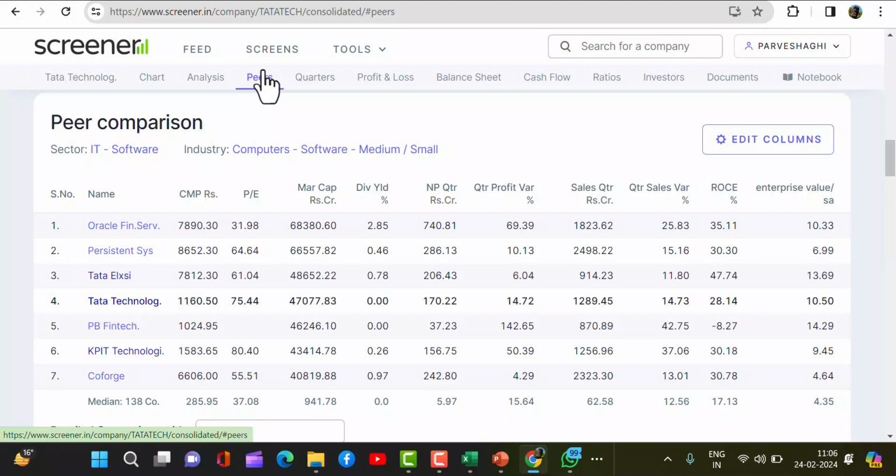Oracle is cheaper. Below 30, it's around 30. What is the median PE ratio? 37. So it is getting cheap. There are other companies that are very expensive.